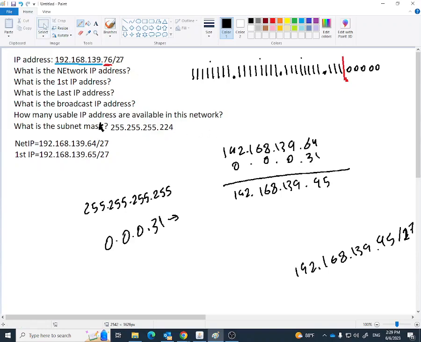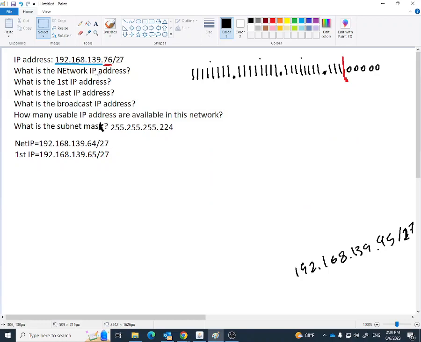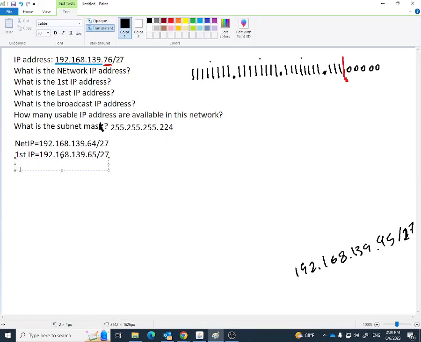So let's go ahead and clear this area here, and let's go ahead and type it again. So I'm going to come here and I'm going to put the broadcast IP address. Broadcast IP is 192.168.139.95/27.